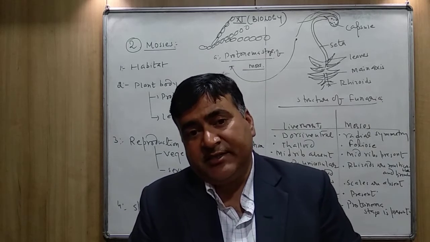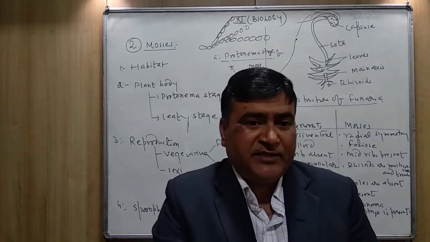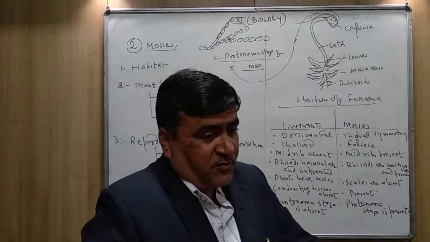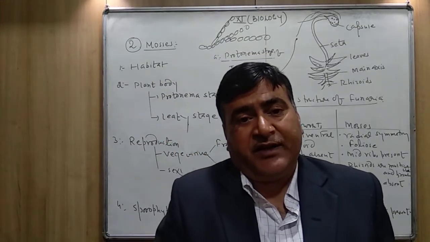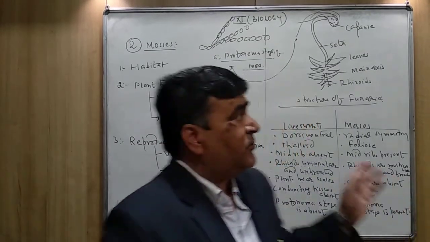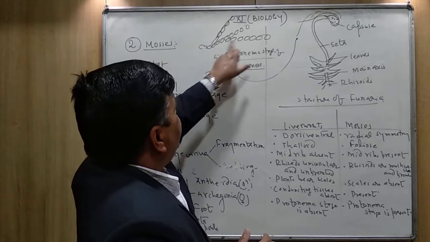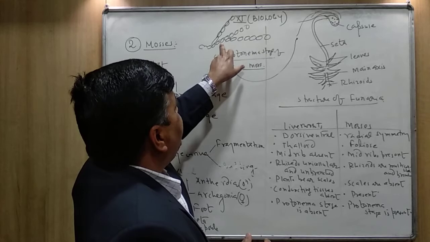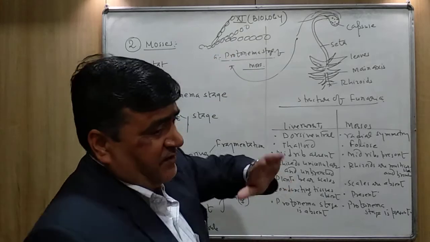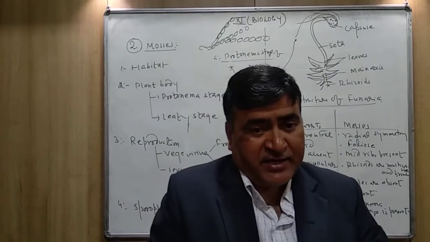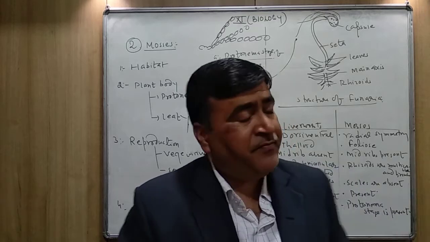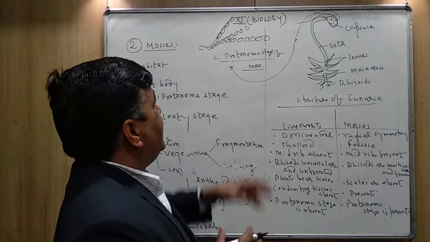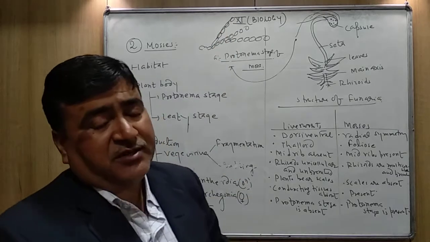It is filamentous in shape, containing so many cells, and it creeps over the surface of the soil and is also branched. It looks green. It acts as a creeper over the surface of the substratum. The protonema stage is multicellular and branched.